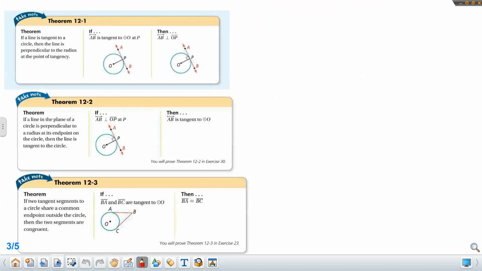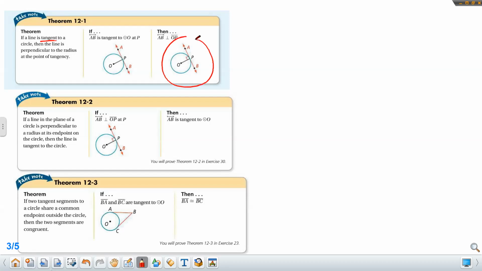Theorem 1: if a line is tangent to a circle, then the line is perpendicular to the radius at the point of tangency. So if I say AB is a tangent, we can say OP is perpendicular to AB.